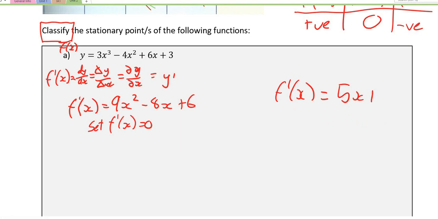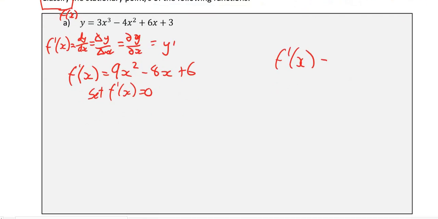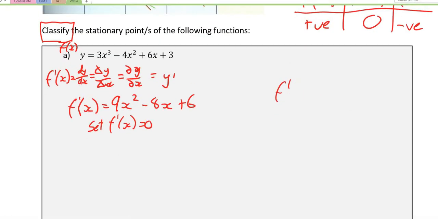So what do you do when you've got x squared and you've got x? We're going to have to use the quadratic formula or use our graphics calculators. I'm going to probably use graphics calculators on this one, because it's non-monic. So we end up with 0 equals 9x squared minus 8x plus 6.